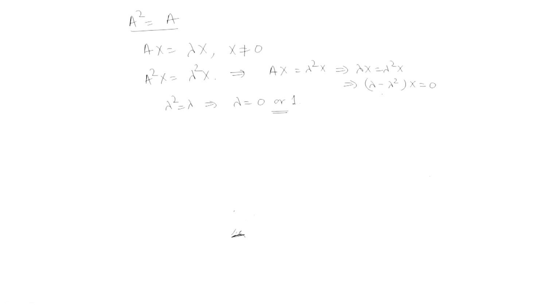Since x is not equal to 0, lambda squared equals lambda, hence lambda is either 0 or 1.